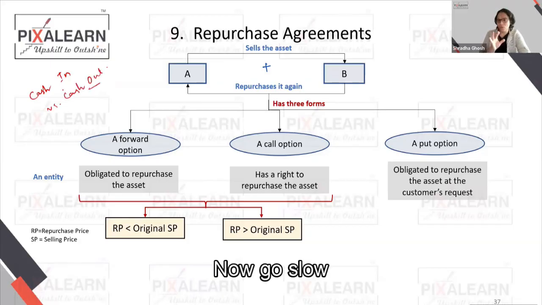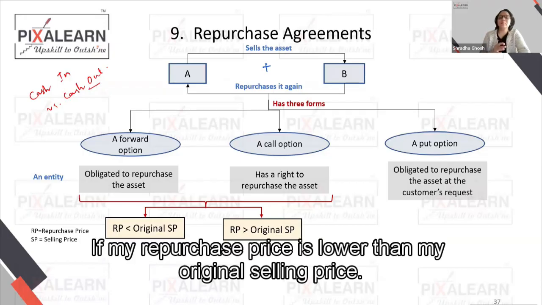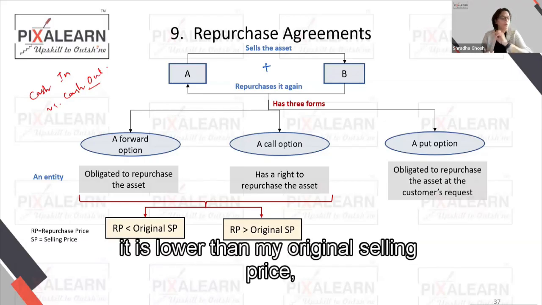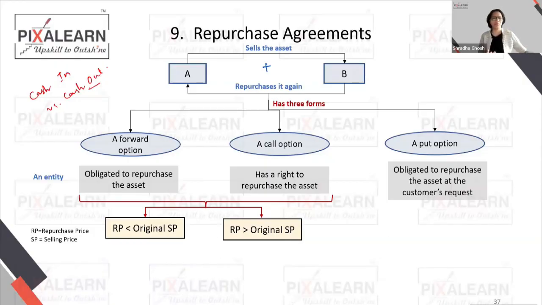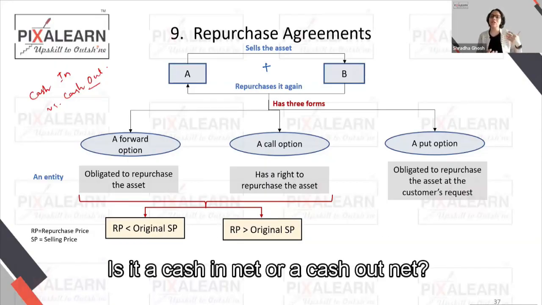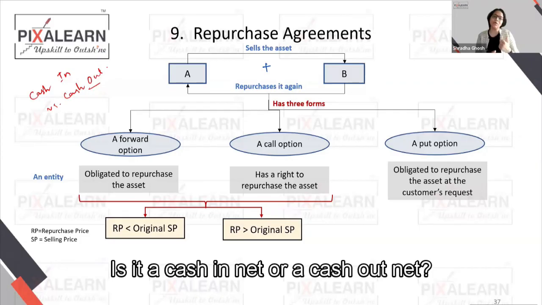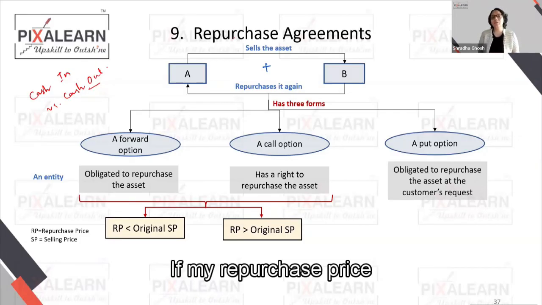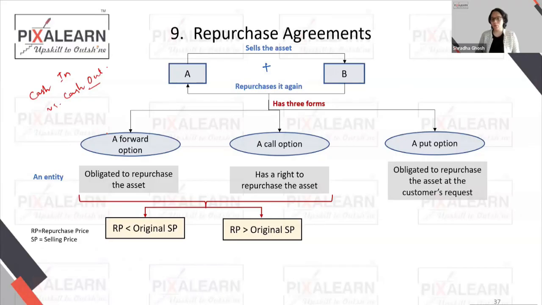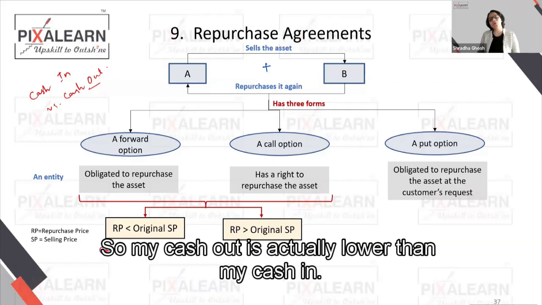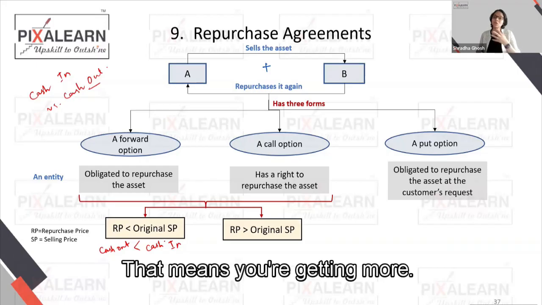Go slow and tell me: if my repurchase price is lower than my original selling price, is it a net cash in or a net cash out? The repurchase is a cash out. So my cash out is actually lower than my cash in. That means you are getting more.